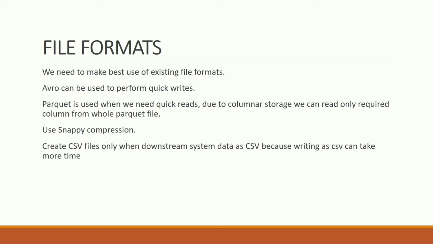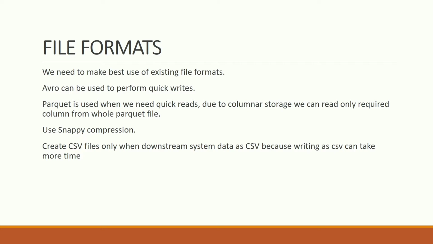We have many file formats available: ORC, Avro, Parquet, CSV and JSON. Many formats. So we need to use the best one which fits our solution or our pipeline. For example, Avro is best for writing, and Parquet is best for reading, because of its columnar format, we can read only a particular column from the whole Parquet file instead of scanning the whole data.